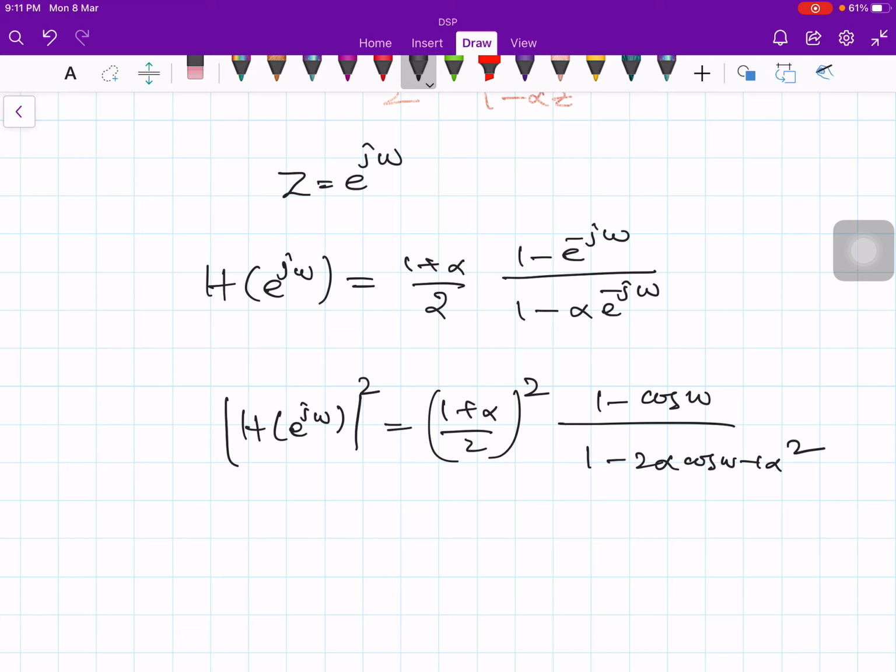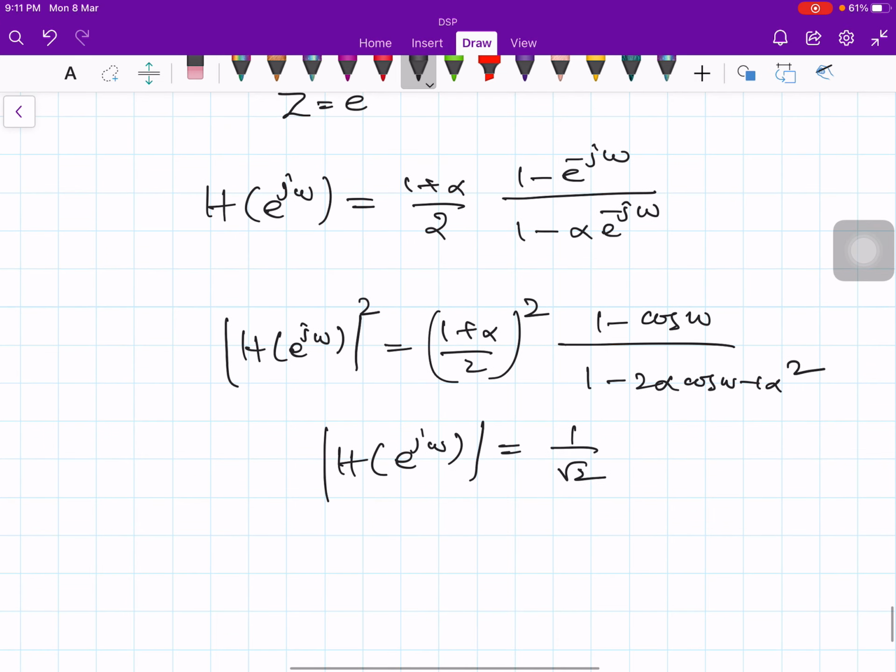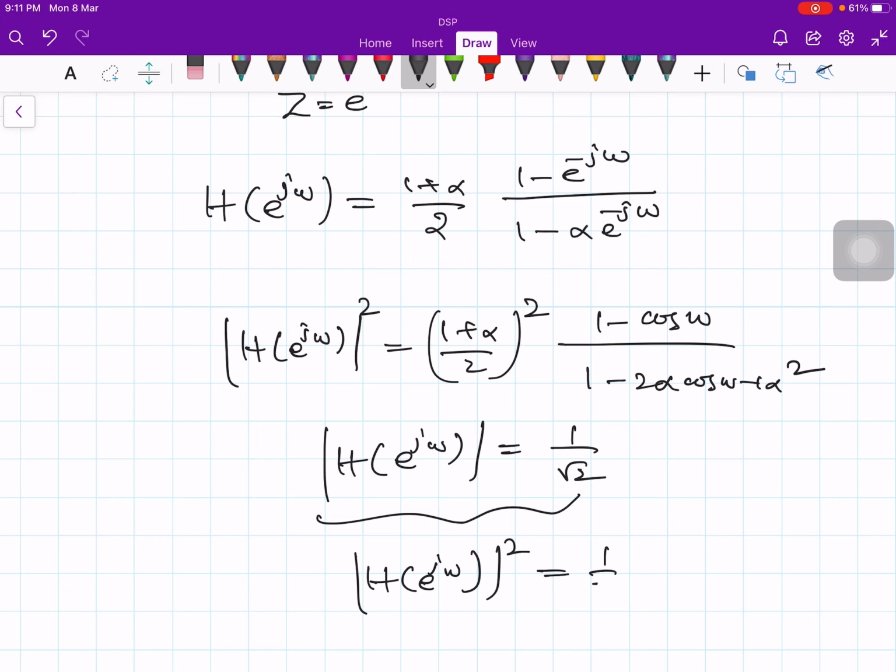And then at cutoff frequency the magnitude is going to be what? 1 by root 2. Square this on both sides. So magnitude square of H of e to the j omega is equal to 1 by 2. Equate this 1 by 2 to this expression.